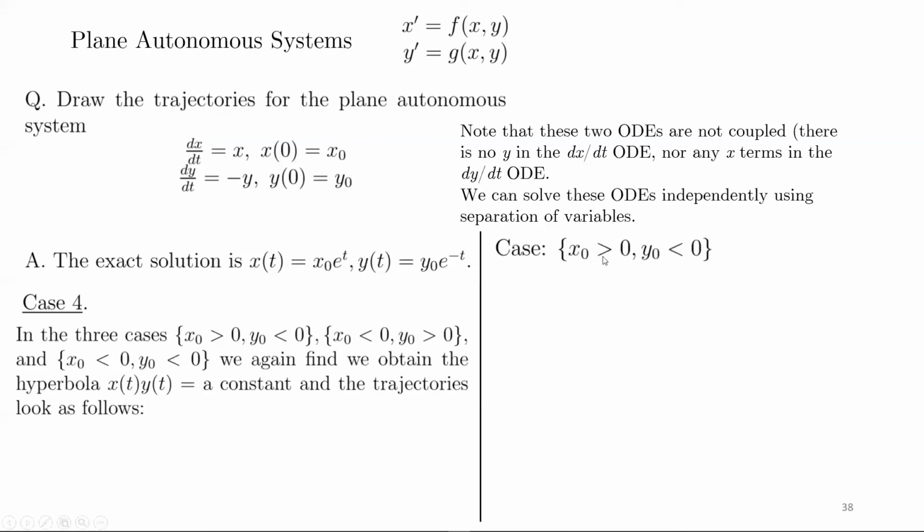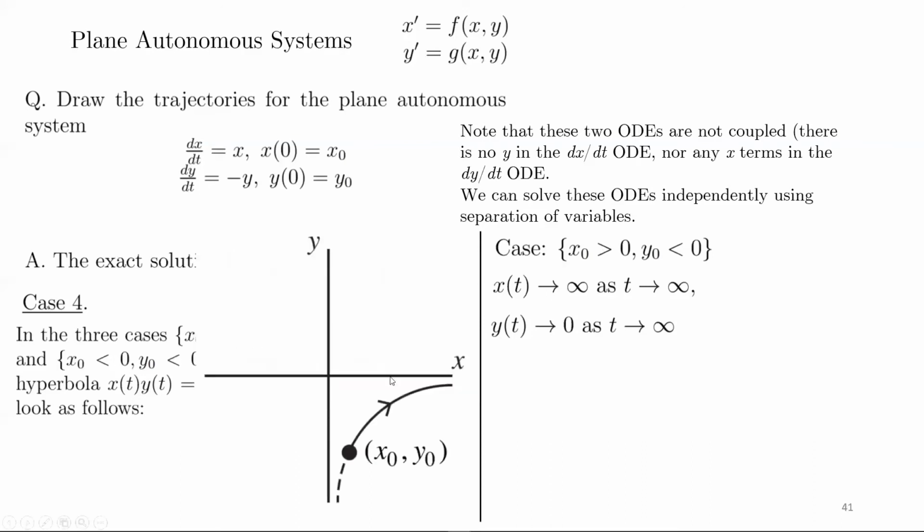In the case x naught greater than 0, y naught less than 0, so this is the bottom right quadrant, the fourth quadrant, as t goes to infinity, x goes to infinity because x naught is positive, so we get something positive times something that's positive going to infinity. y naught is still negative, but y is always going to go to 0 as t goes to infinity because e to the minus t goes to 0, regardless of what y naught is doing.